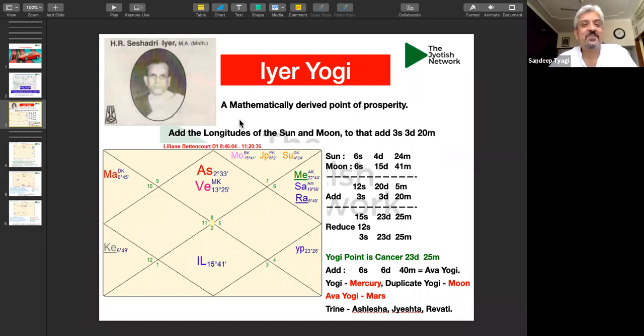Yeah, and that's an interesting point, KP, that when we talk about the yogi and the duplicate yogi or the avyogi, it is very important to note that it's like any other Dhan Yoga, Raj Yoga that we've spoken of. You may have a lot of Dhan Yogas or Raj Yogas in a chart. They could be strong planets, it could repeat from the Chandra Lagna.